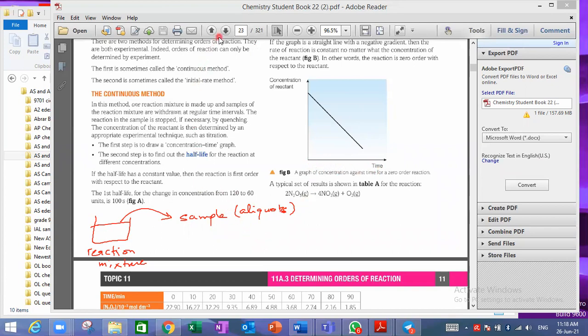And then we are going to find out the concentration and time.